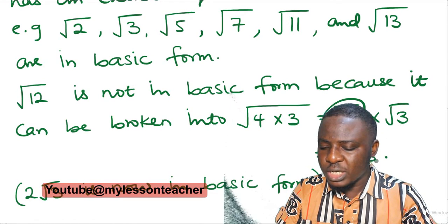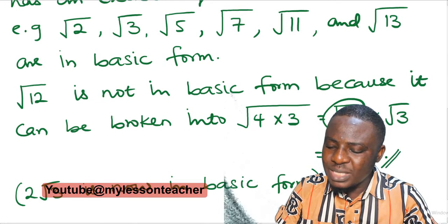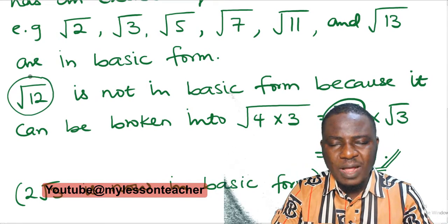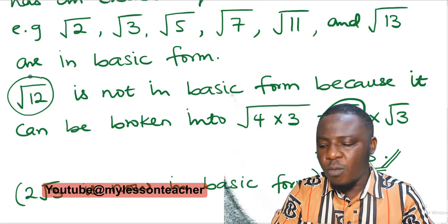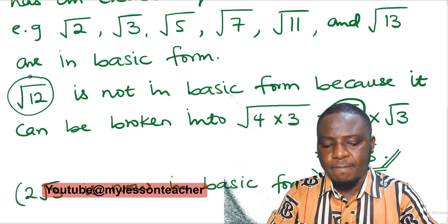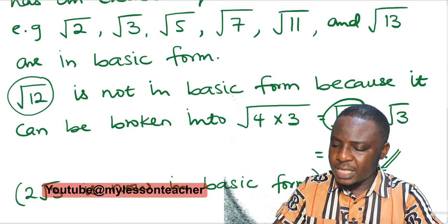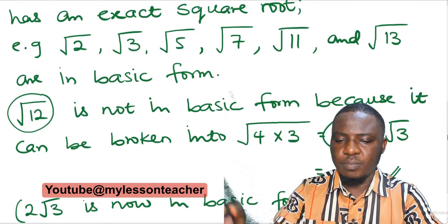So this gives us 2 root 3. So this is said to be the basic form of root 12, while root 12 can be said to be the simple form of 2 root 3. 2 root 3 is now in its basic form.